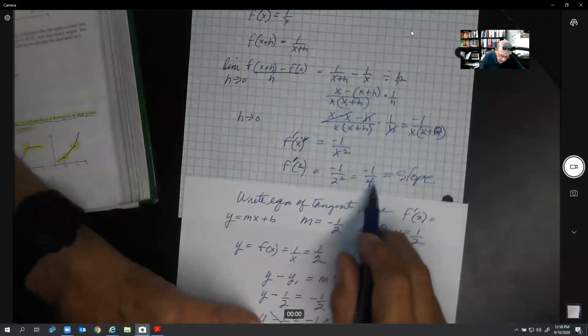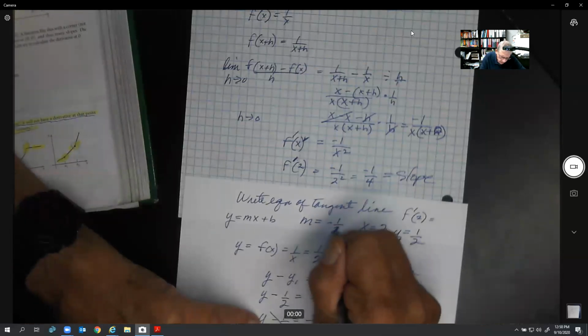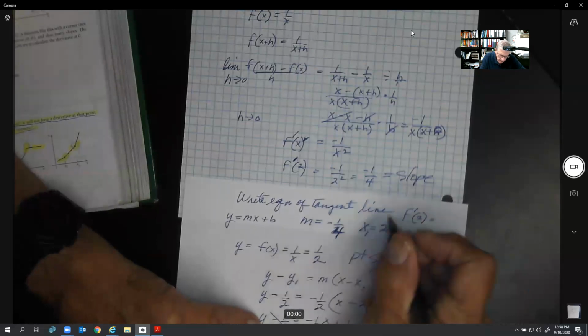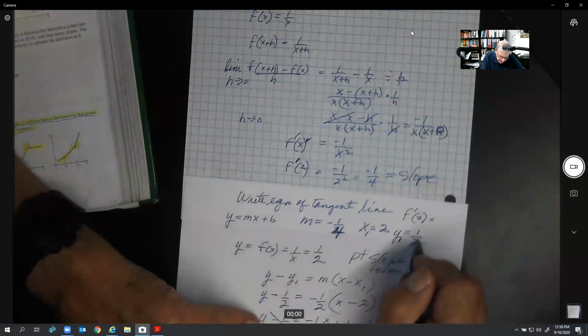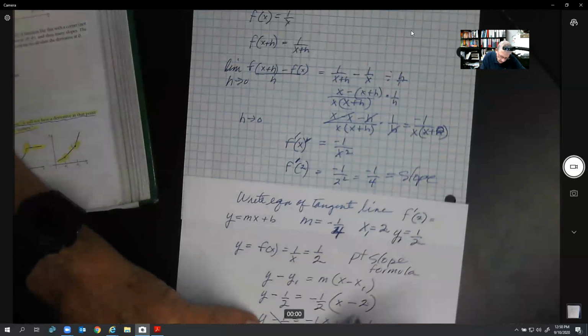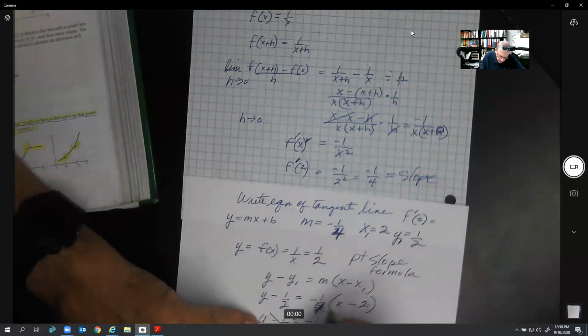Our slope was not 1/2, our slope was 1/4. Excuse me. We have it right here, 1/4. Where did I get the 1/2? I guess I was looking at this half too much. This was 1/4. So this is 1/4 x plus 2/4. We'll just keep it 2/4.